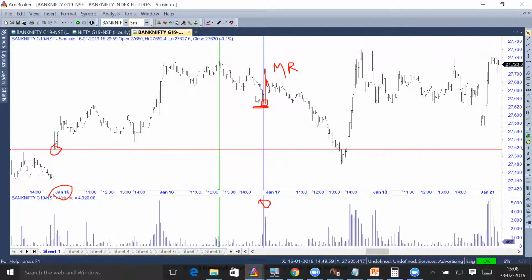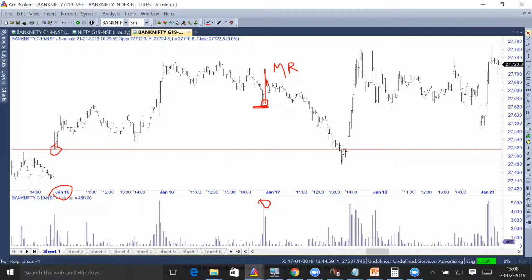Oh, okay, I'm sorry, this is not a continuous contract. So that's why volumes are pretty thin. Whatever I'm having here is a February contract. So maybe if one is looking at the Jan 17 contract, or maybe I'll show you how that particular day looks.